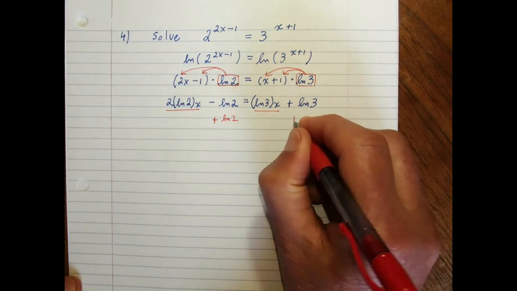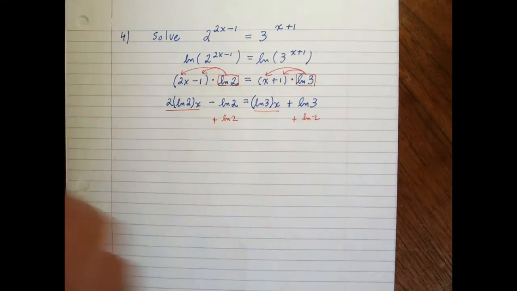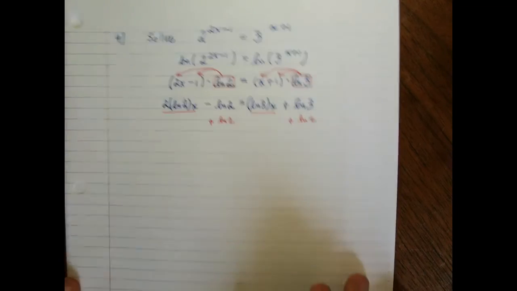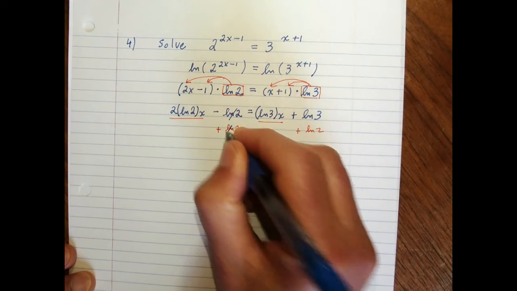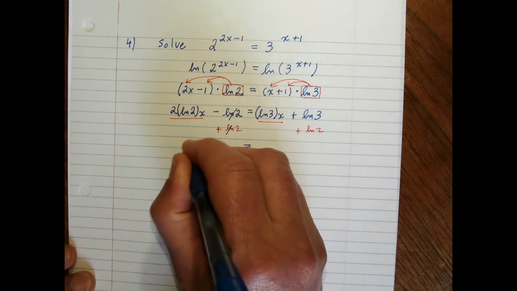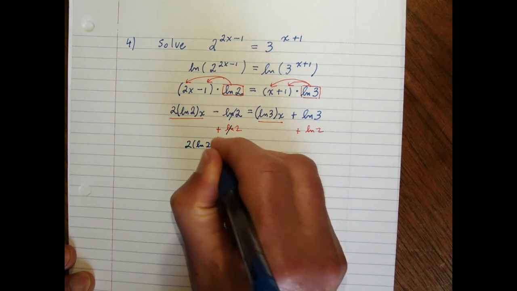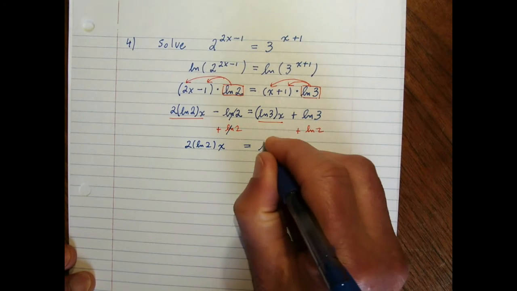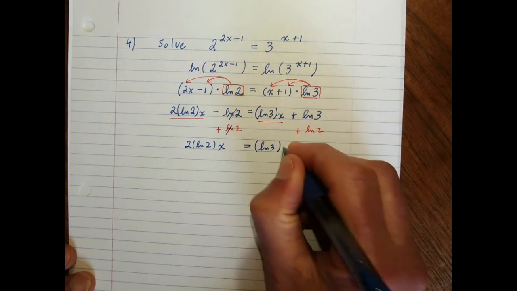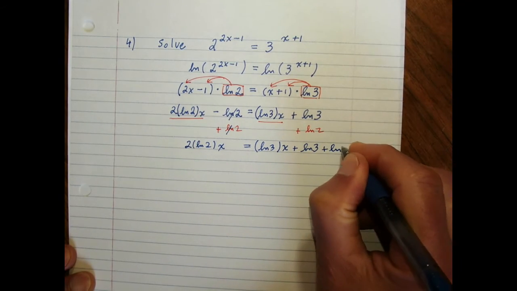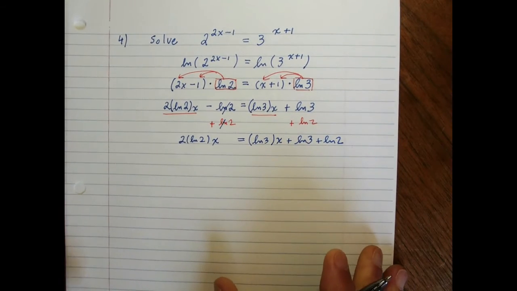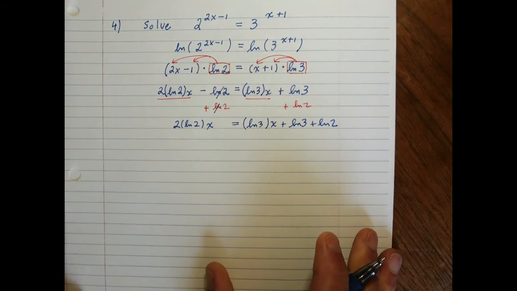And maybe I'll just do that in one step here instead of doing too much at once. So these guys are gone. I have 2 ln of 2 times x equals ln of 3 times x plus ln of 3 plus ln of 2. So I actually have 3 terms on the right-hand side now.